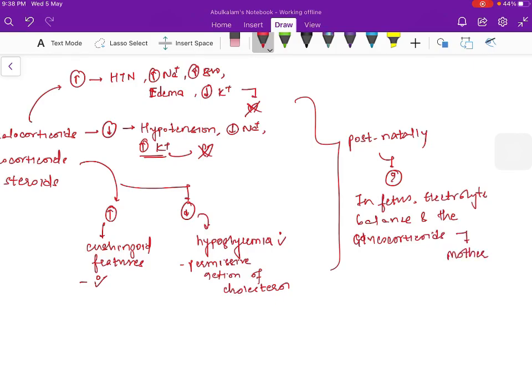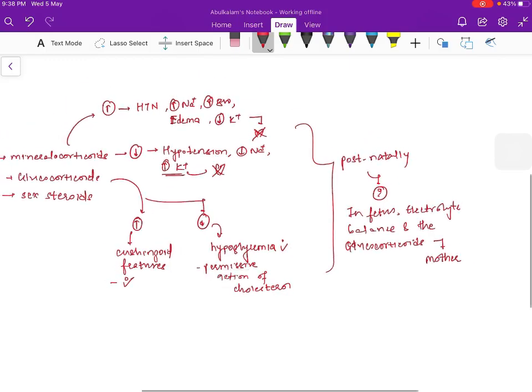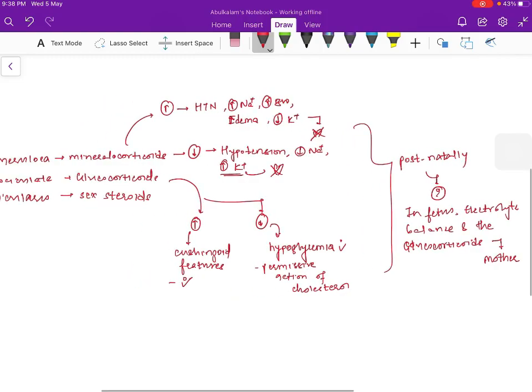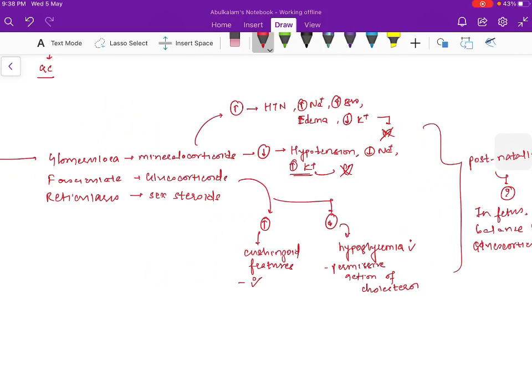So basically the electrolytes and the glucocorticoids are provided by the mother. So the baby or fetus would not manifest the signs and symptoms of these deficiencies, right? But there's one exception, that is the reticularis. These features can be present prenatally.